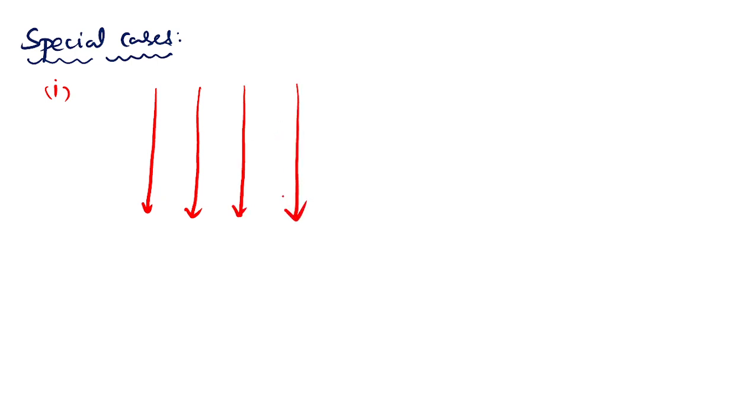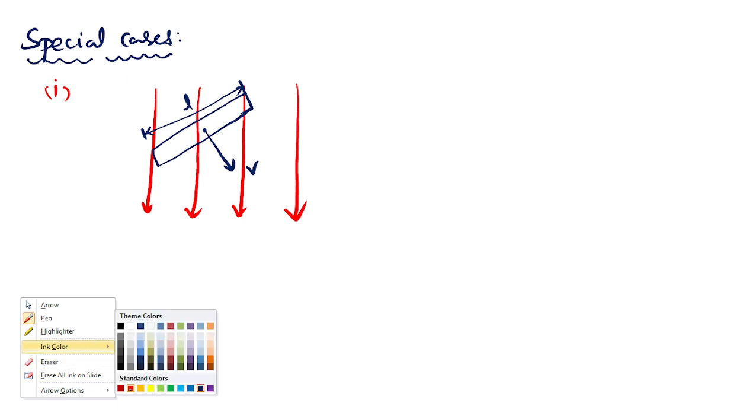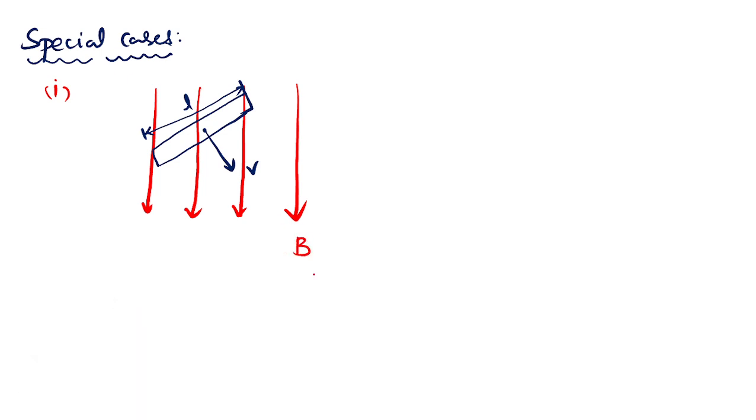Now this is a conductor, not a magnet, buddy, I am very sorry, of length L. You are moving the conductor with velocity v in this direction. Are you getting my point here? The magnetic field direction is this.